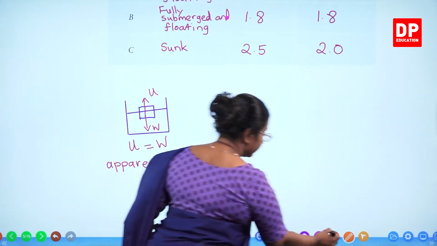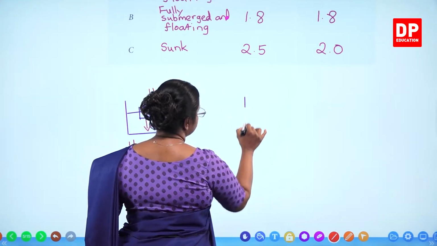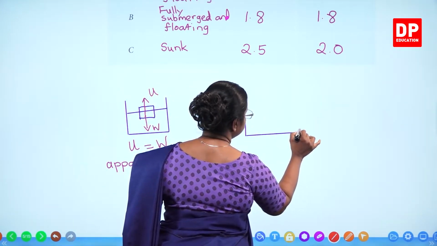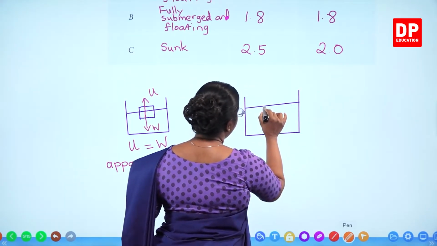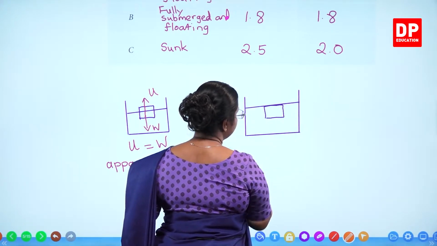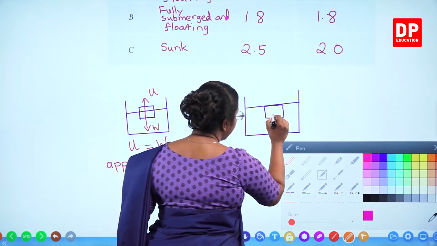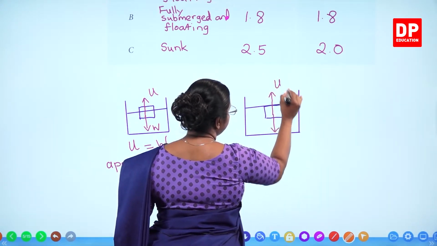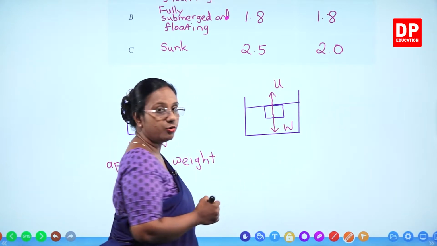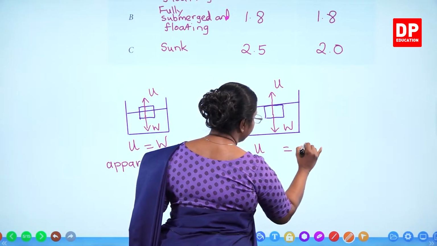Then the second instance, where you have the object completely submerged and floating in water. There also weight is acting downwards and the upthrust is upwards. So here also upthrust is equal to weight.